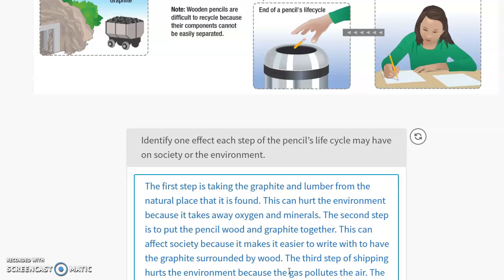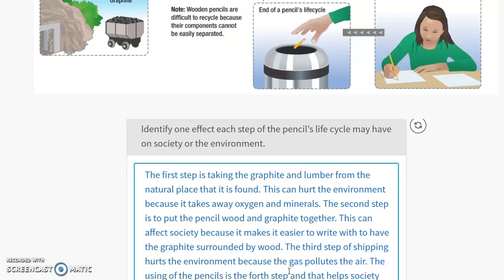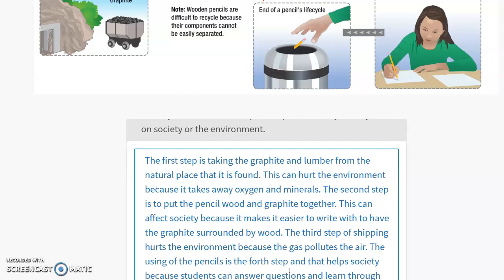The using of the pencil is the fourth step, and that helps society because students can answer questions and learn through using the pencil.